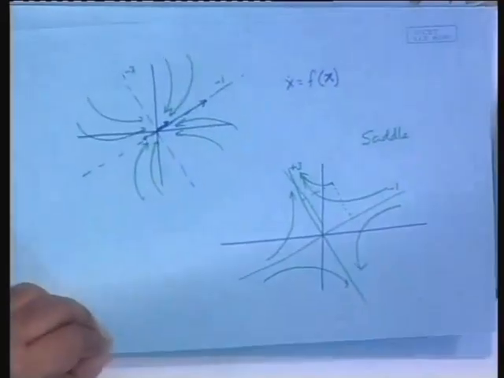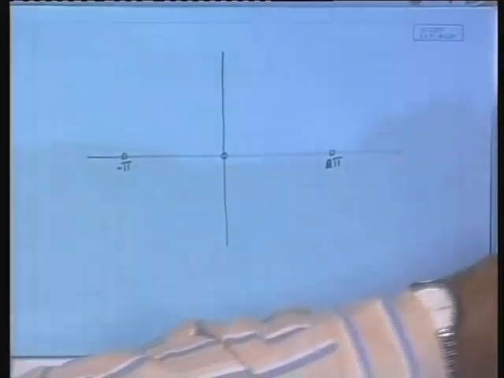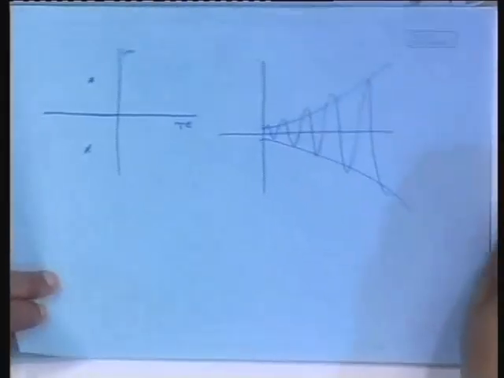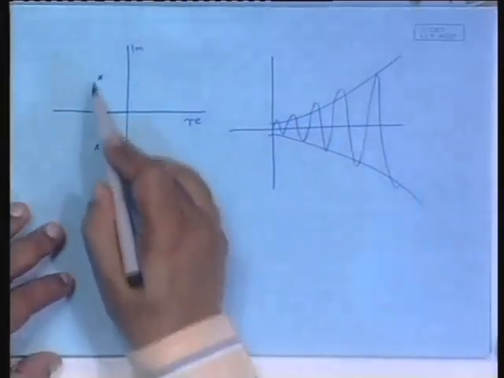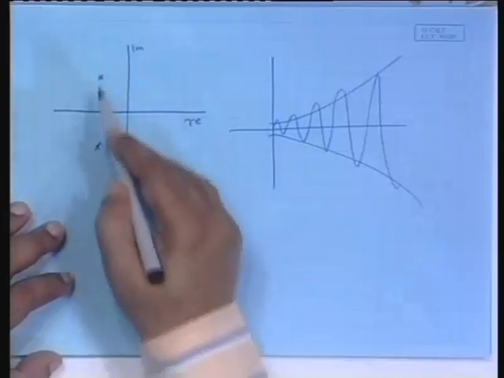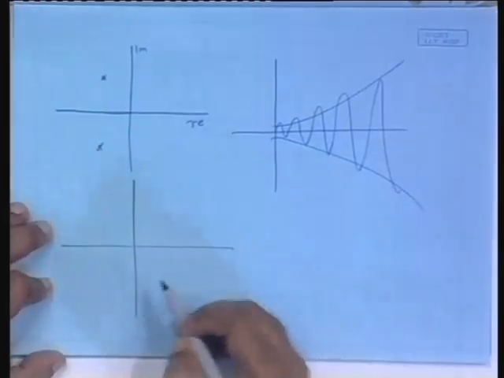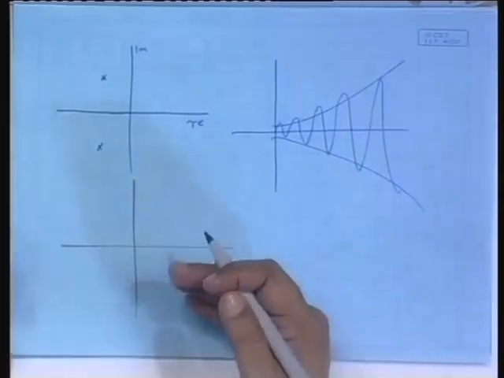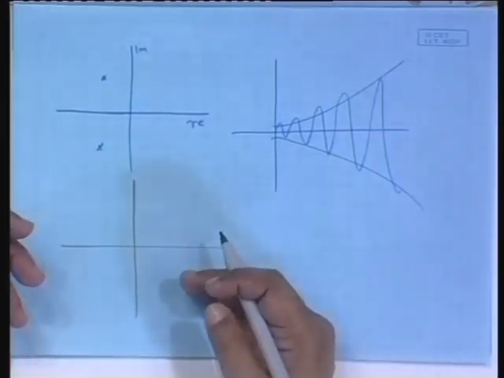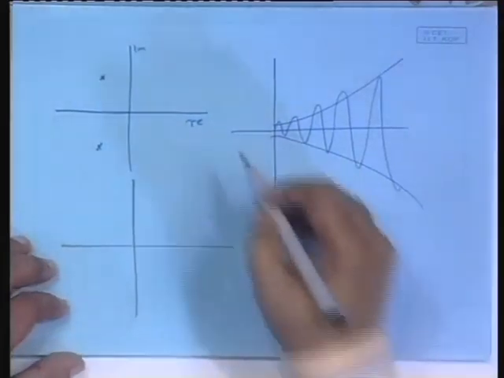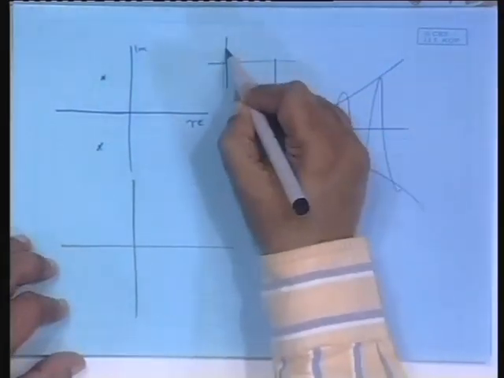And if you have complex conjugate eigenvalues with negative real part, in the time domain it will be like this.